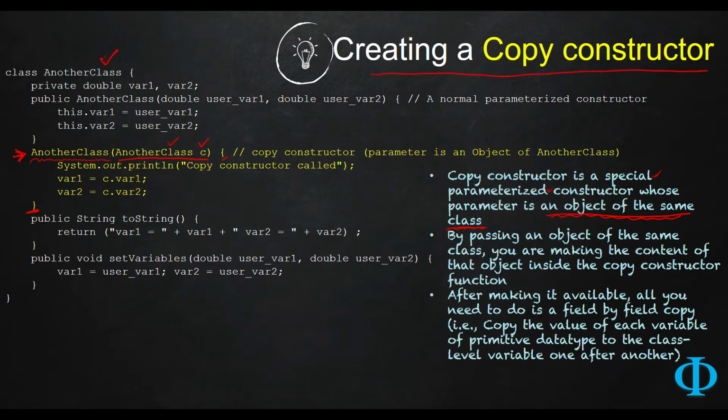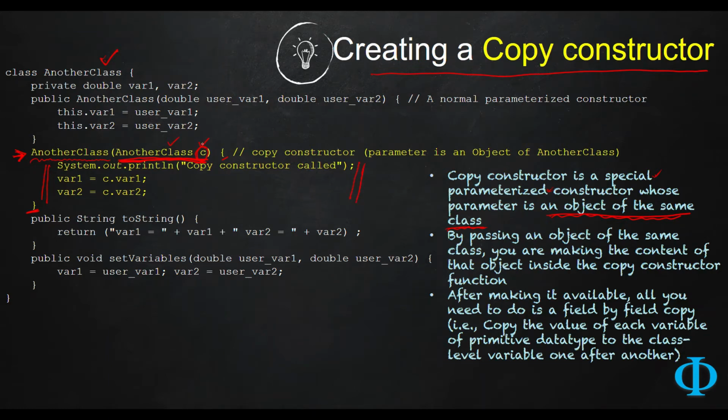Now, whenever you are passing an object of the same class inside this copy constructor, you are basically making the entire content of this object, in this case the entire content of this object C, available inside this copy constructor function. So what does that mean?